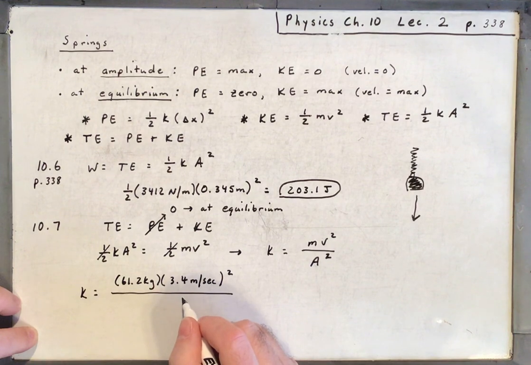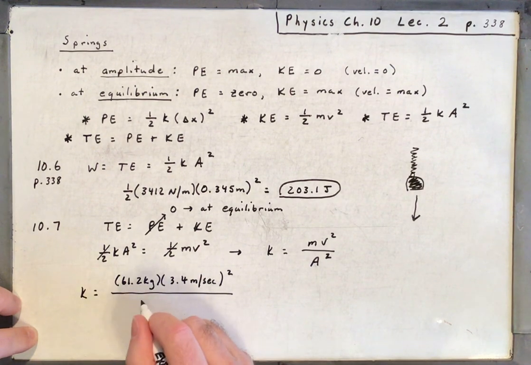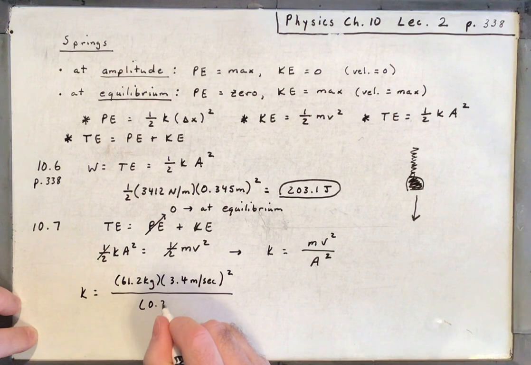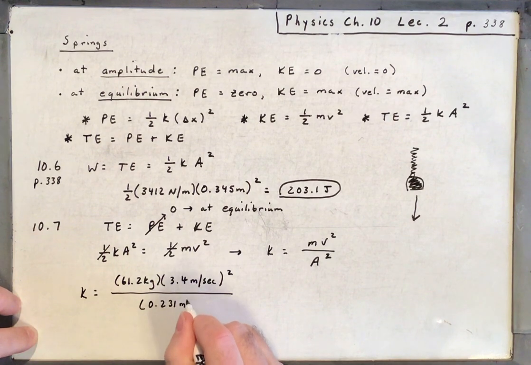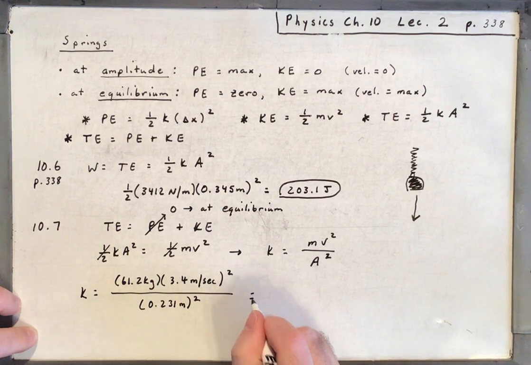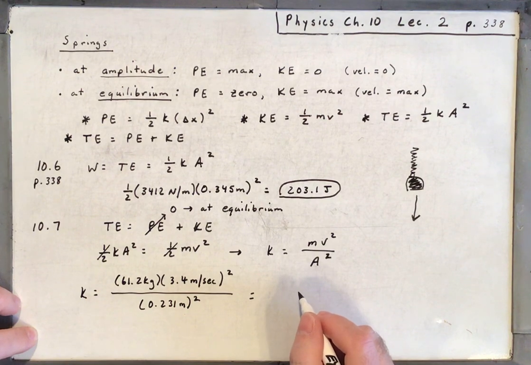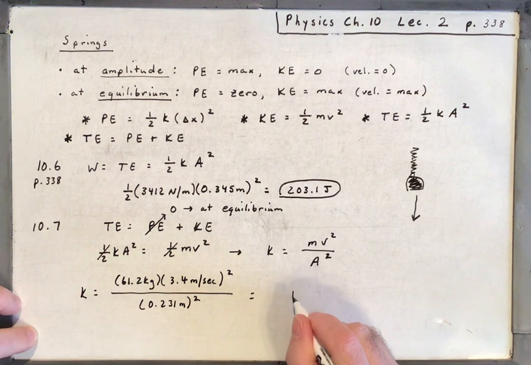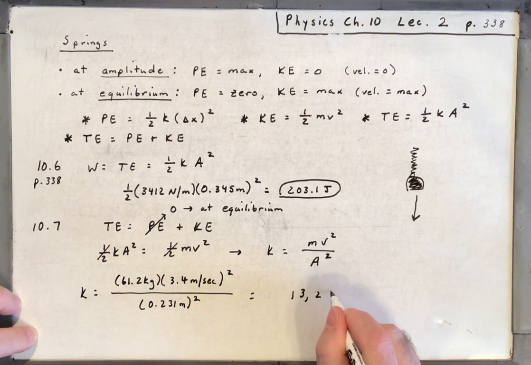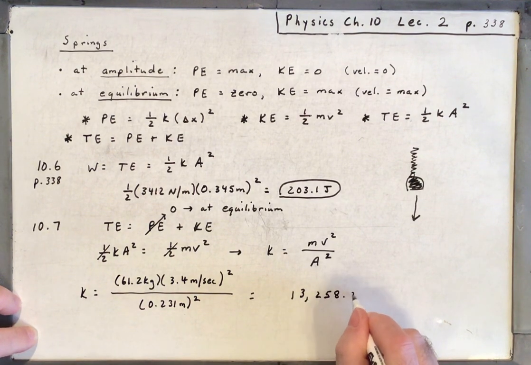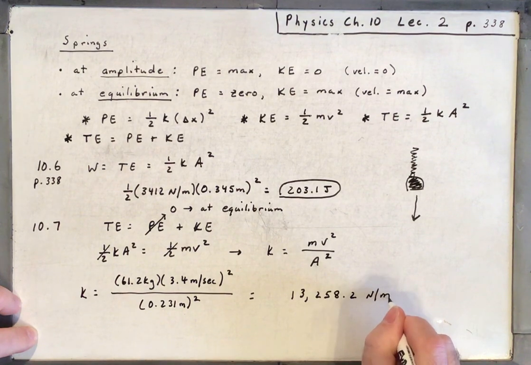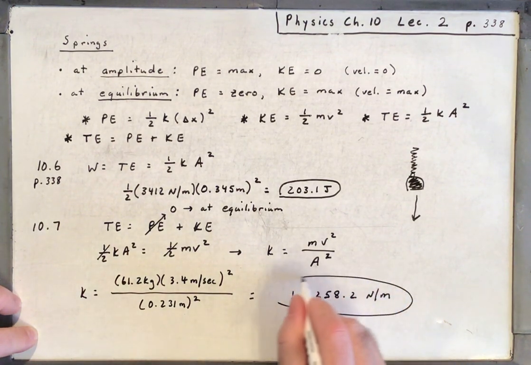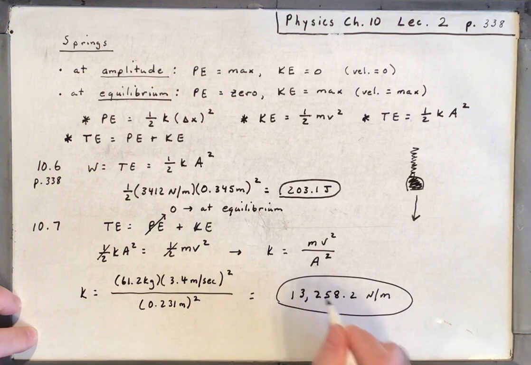And amplitude 0.231 meters. We've got to change that to meters. Don't forget to square that. So if you put that in your calculator and don't mess up, you'll get 13,258.2 newtons per meter. All right, that's a pretty strong spring.